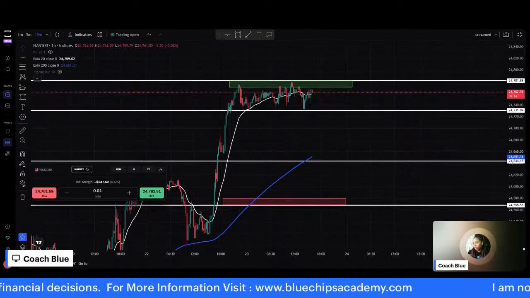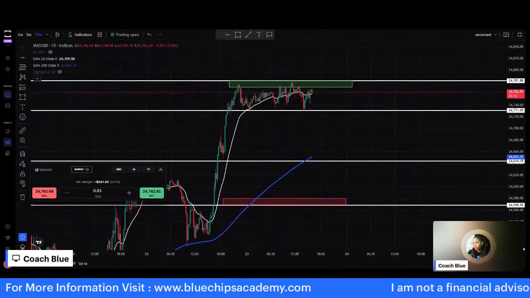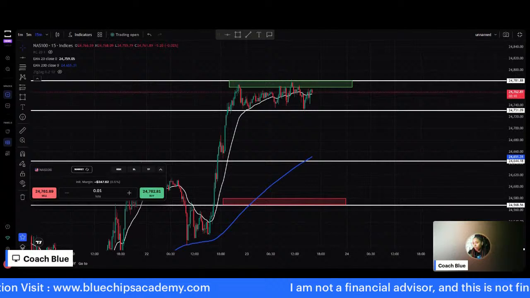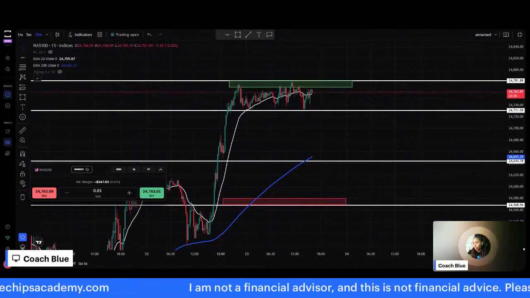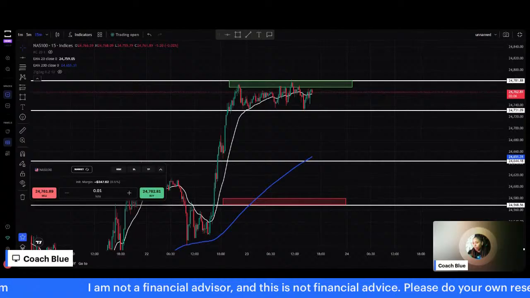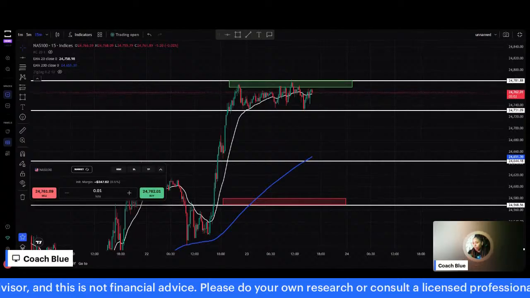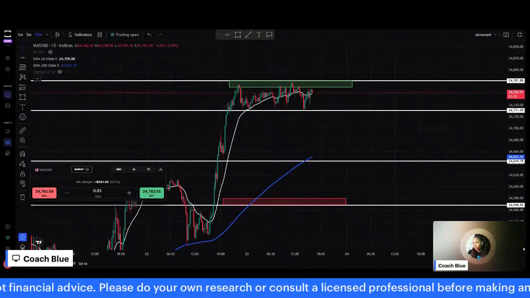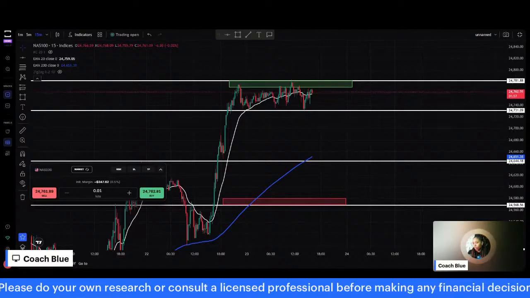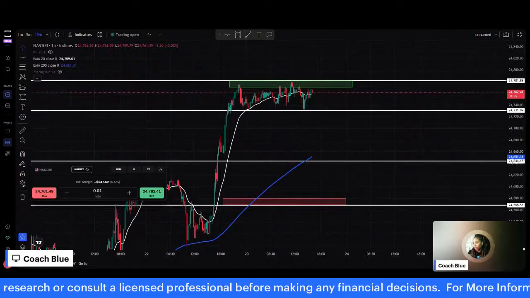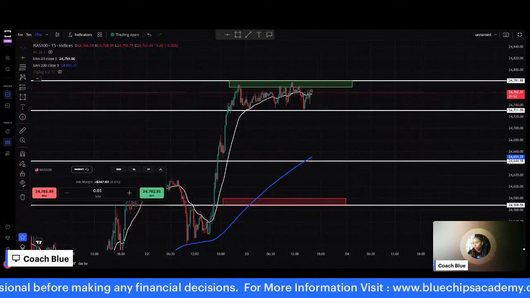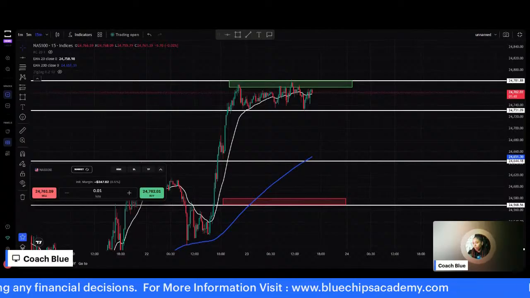So the levels are the same, but the dollar values are different. That's fine. Don't get caught up in the dollar value, because every broker uses different types of data. It might not be exactly right, but the price and the structure should be pretty much the same.